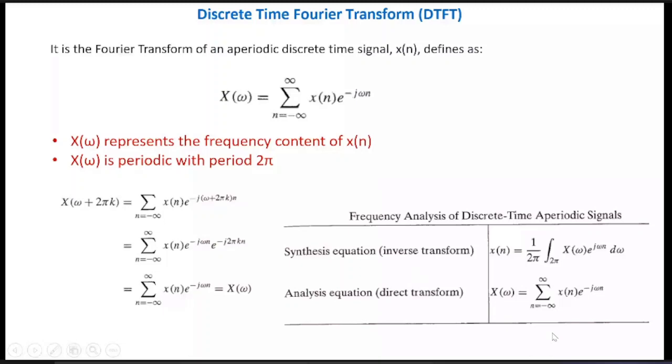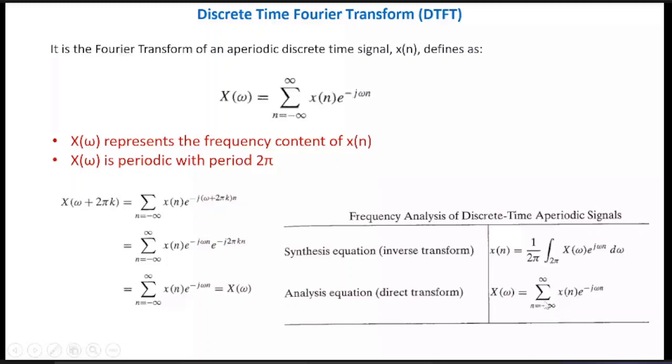It converts x of n, the time domain signal, into the frequency domain x of omega, with summation over n from minus infinity to infinity. This is the discrete time Fourier transform, the Fourier transform for an aperiodic discrete signal. Time ranges from n equal to minus infinity to infinity, and omega is also periodic.